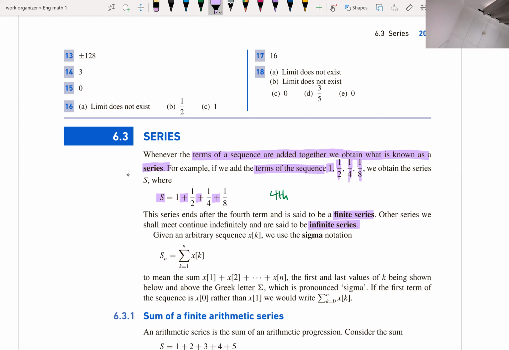For series we just use this notation, Sn, from k equals 1 until n, and this is the term of sequence. It can be either k equal to 1 or also k equal to 0.